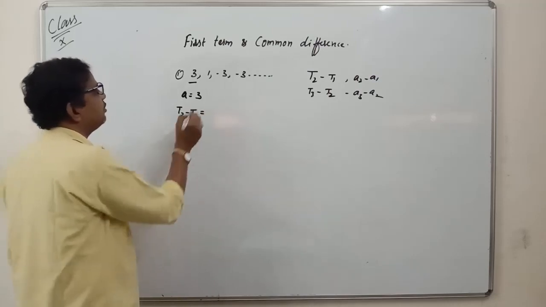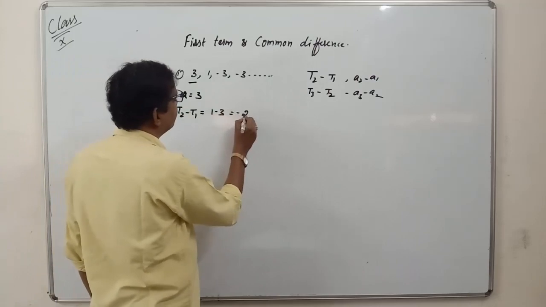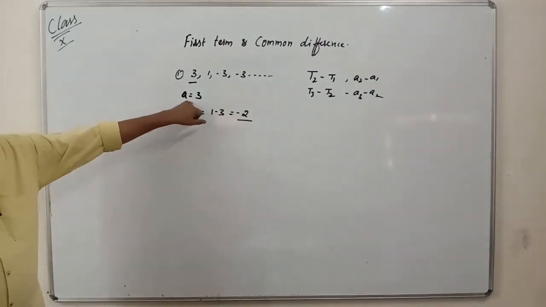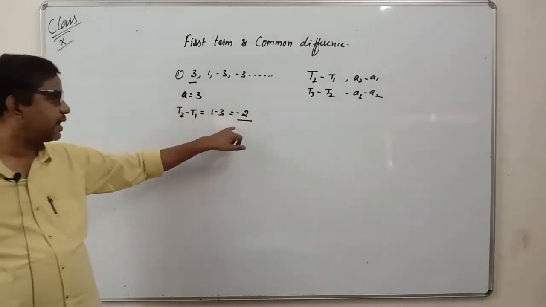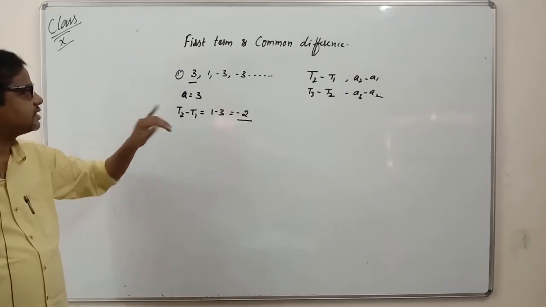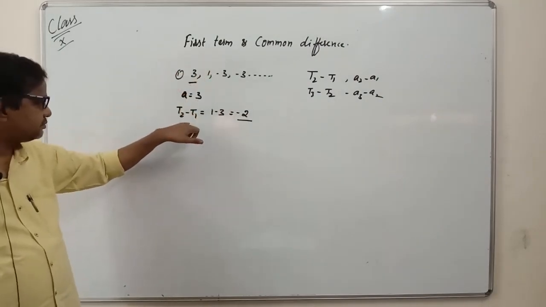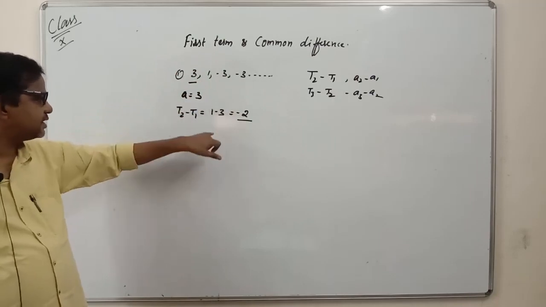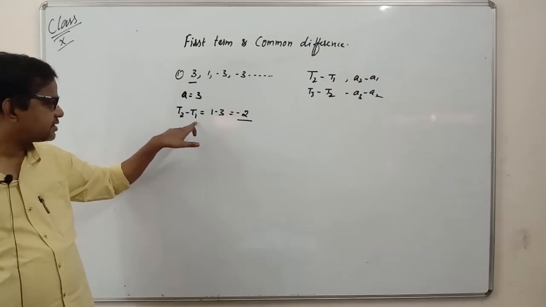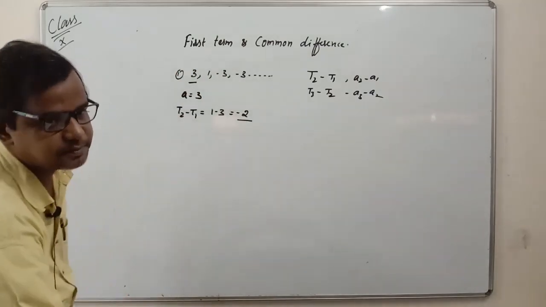What is T2 here? 1 minus 3, this equals minus 2. So the first term A is 3, and the common difference D equals minus 2. Okay, copy it.